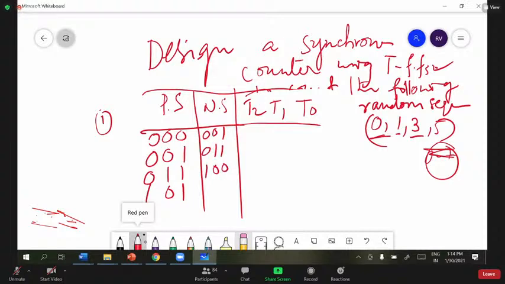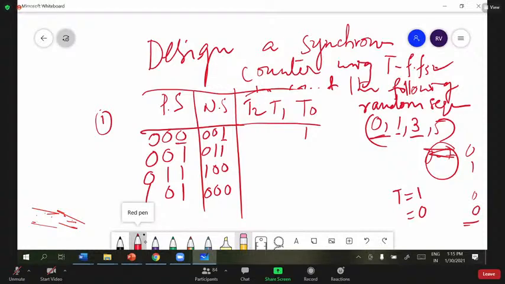Okay, so for this 0 to 1 condition, when is it possible? When T is equal to 1 only it is possible, no? When T is equal to 1, we get the complement of the previous output, 0 becomes 1. When T is equal to 0, there is no change, 0 remains 0.